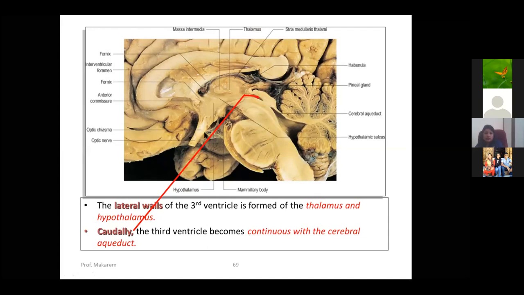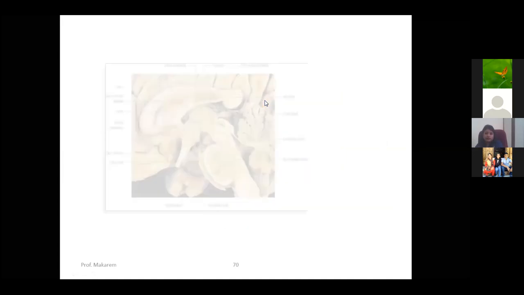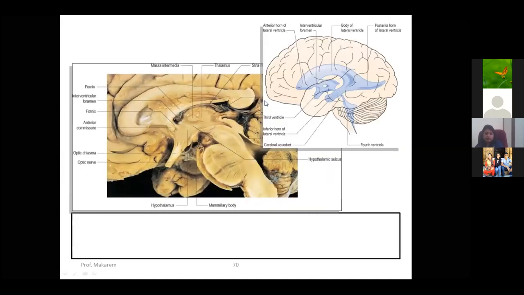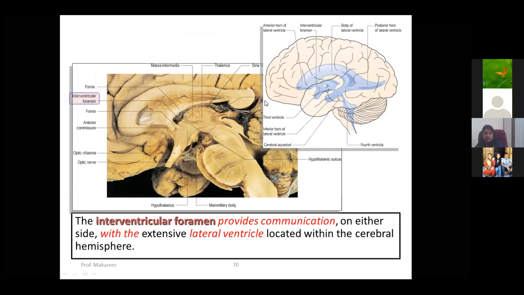The arrow is indicating the third ventricle continuing as the cerebral aqueduct, which is present in the midbrain. I hope you have understood this part. Then the interventricular foramen provides communication on either side with the extensive lateral ventricle located within the cerebral hemisphere.